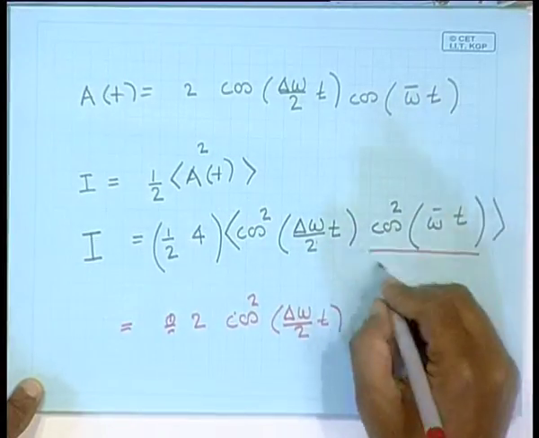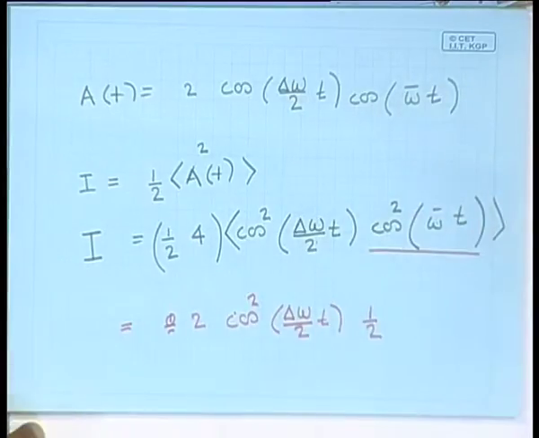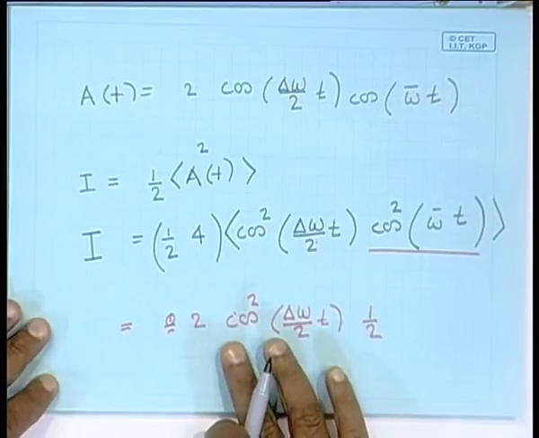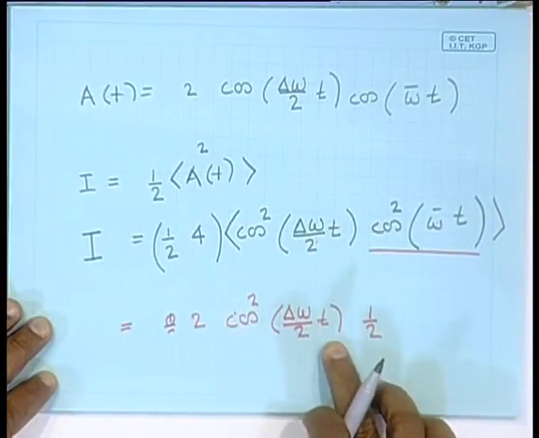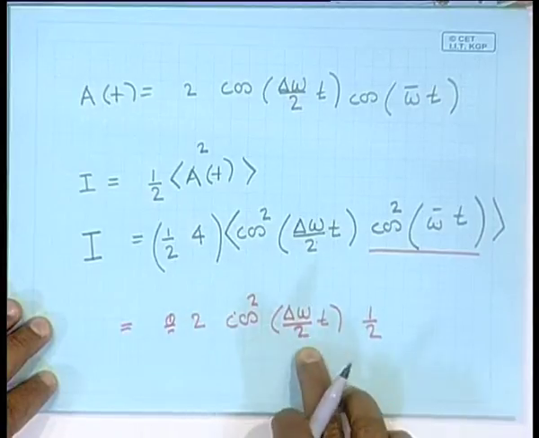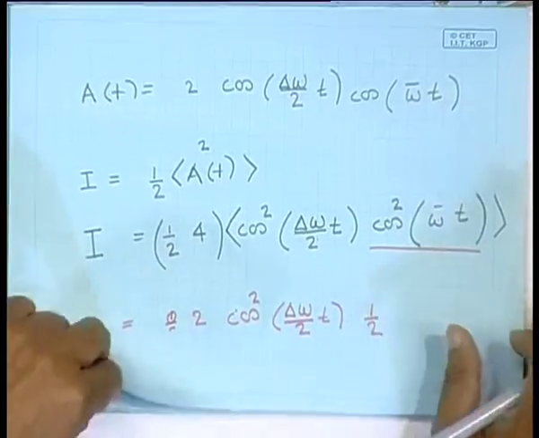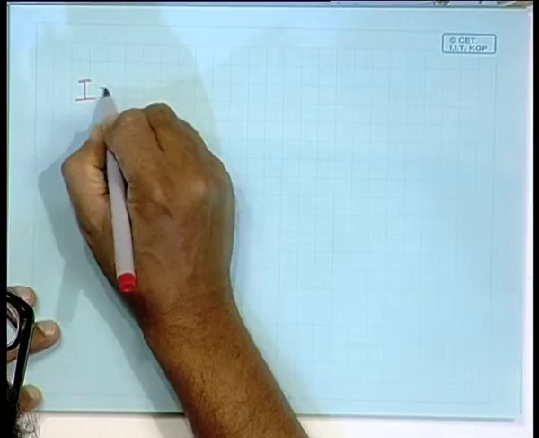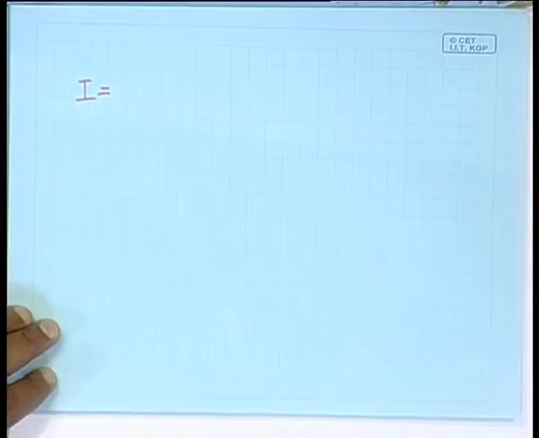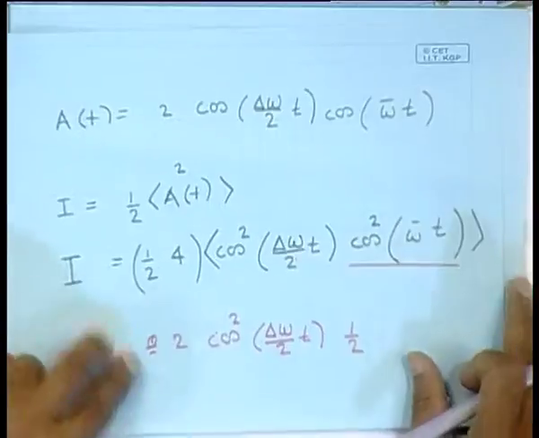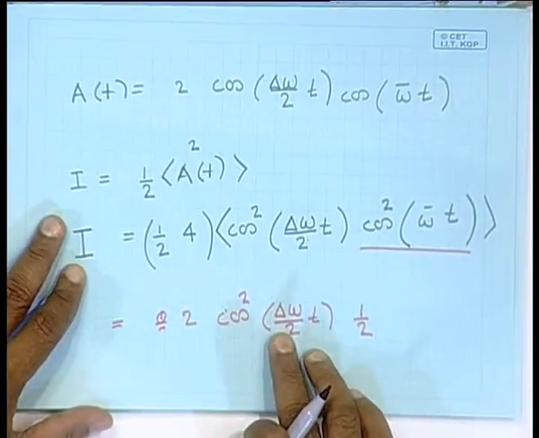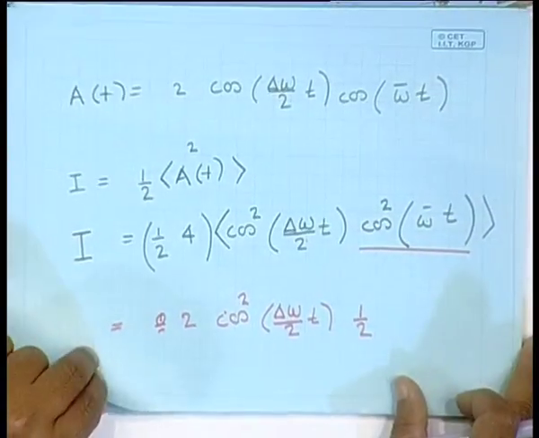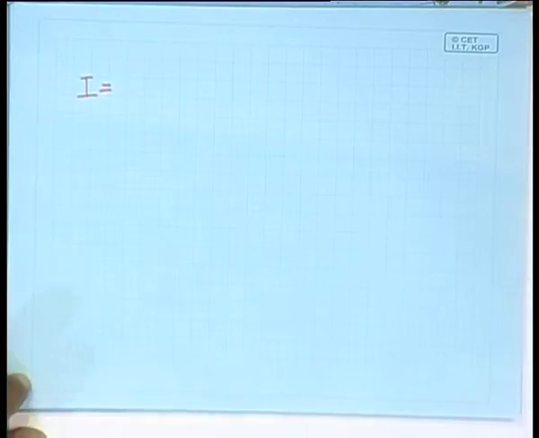We are not going to be able to record the fast variation over here. So, what we are going to experience is the slow modulation, the slow change in the amplitude, because that is going to occur on the order of a second, and this cos square(delta omega by 2 t) can be written, with the factor of 2 outside, using the fact that cos square x is (1 plus cos 2x) over 2.